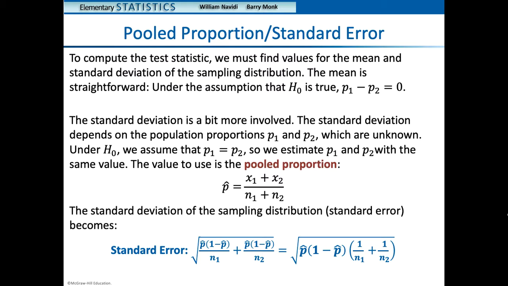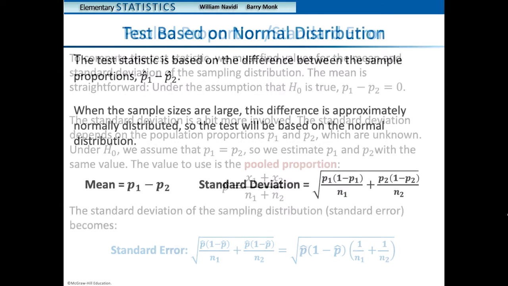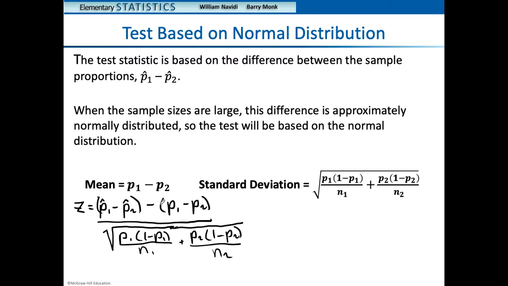If P1 equals P2, then P1 minus P2 is equal to 0, right? So in my formula here, I can replace the P1 minus P2 with 0. So that helps simplify it down, but it doesn't completely fix the problem because in the denominator, P1 and P2 also appear.